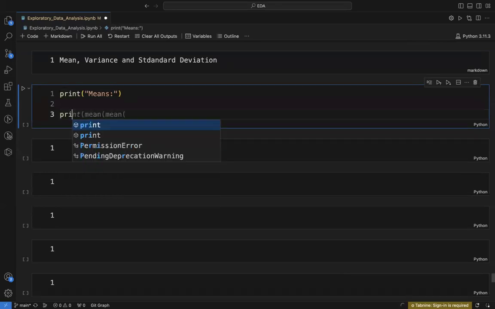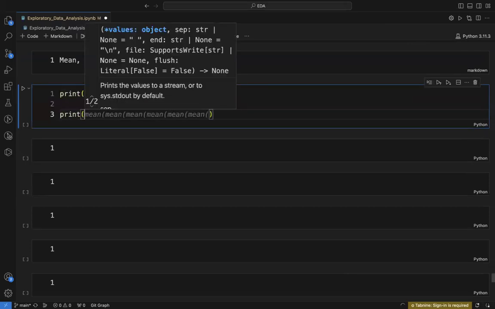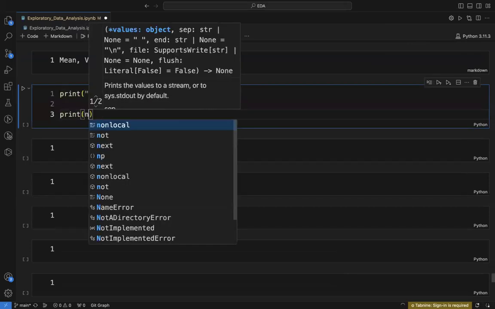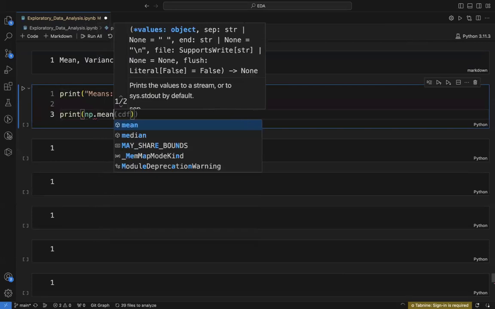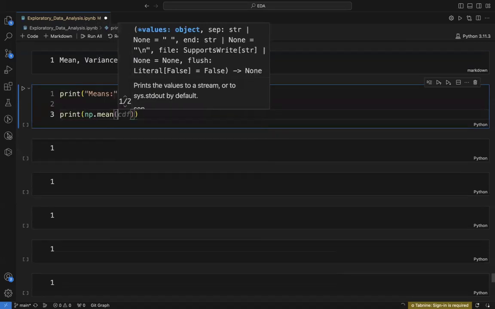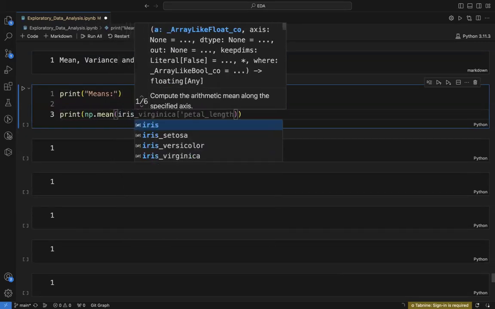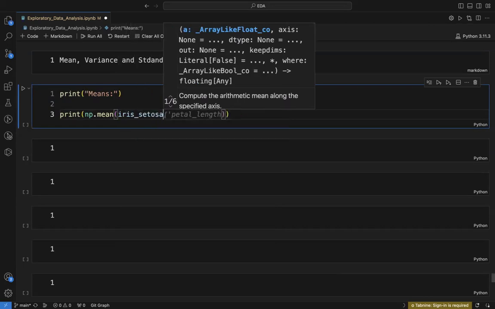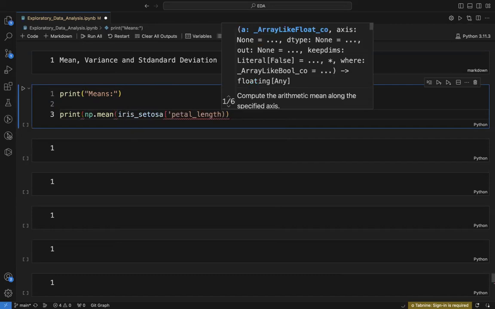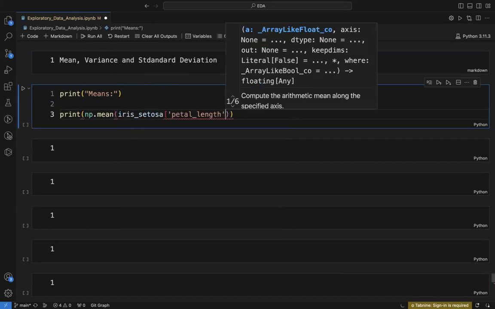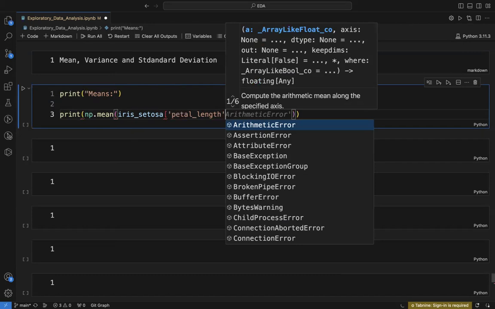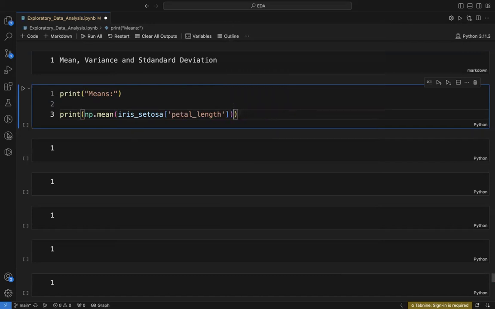Inside this print statement, I'm writing np.mean, thereafter iris_setosa, and let's pass petal length inside this iris Setosa flower, and then close this bracket. So this is the mean for iris Setosa.